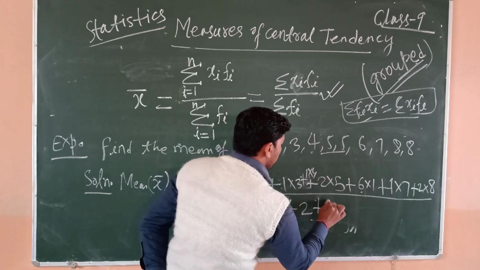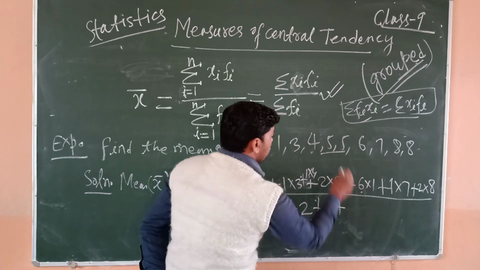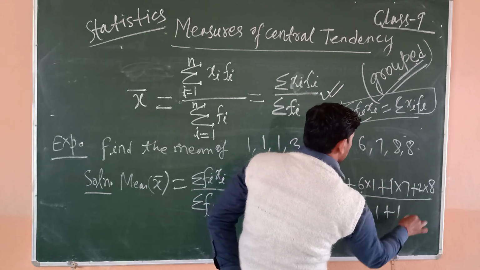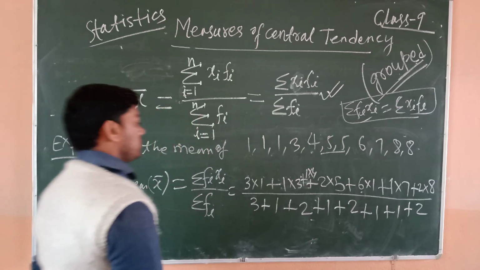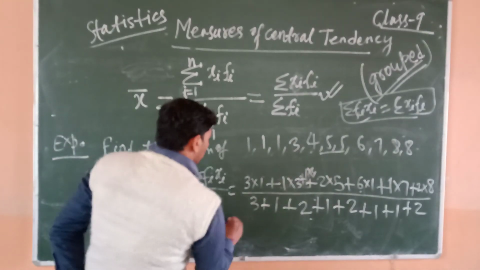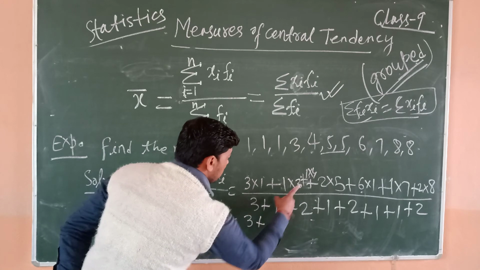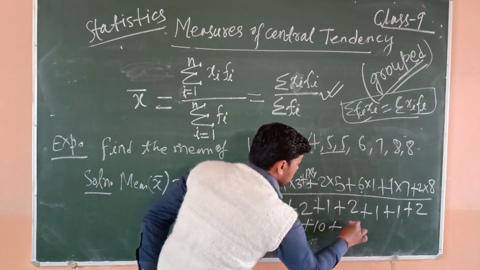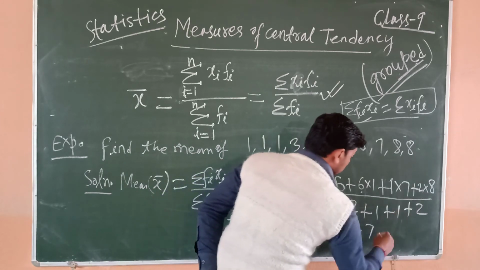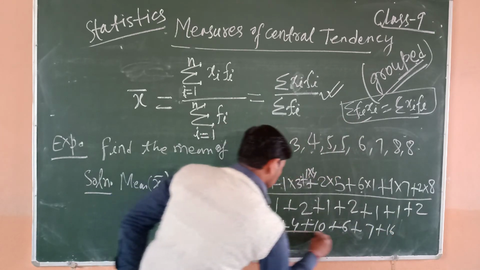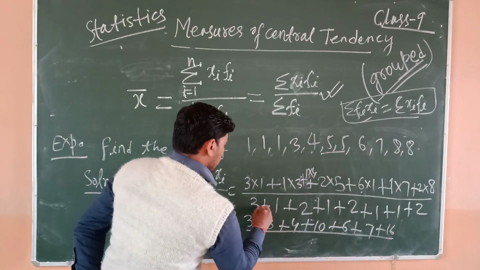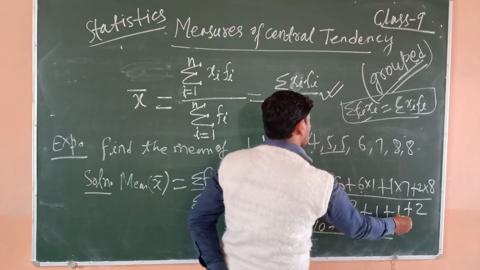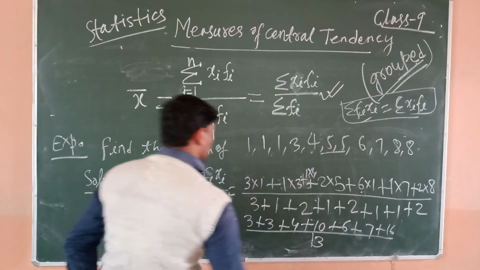So 1 time, 5 2 times, 6 1 time, 7 1 time, 8 2 times. 3 into 1 is 3, 4, 10, 6, 7, 16, upon 3 plus 1 is 4, 2 is 6, 6 plus 1 is 7, 7 plus 2 is 9, 9 plus 1 is 10, 10 plus 1 is 11, 11 plus 2 is 13.